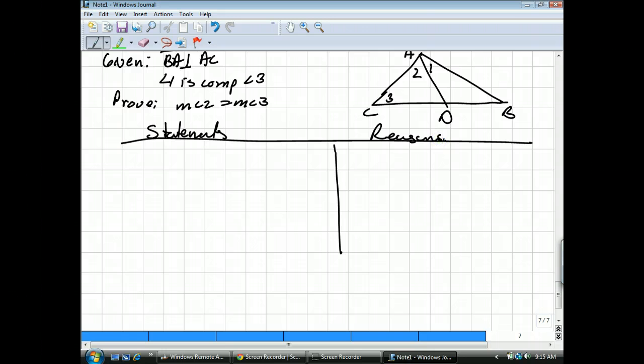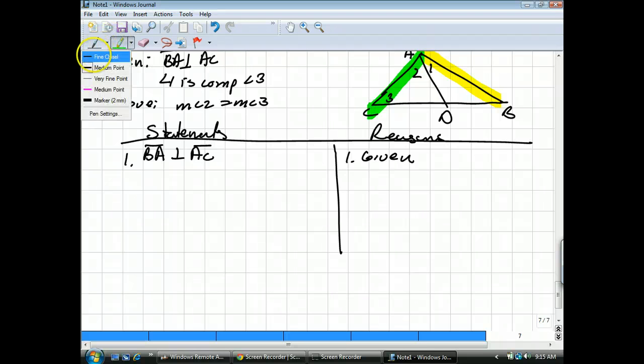Alright, so first of all, we're going to say, number 1, that segment BA is perpendicular to segment AC, because that is given, right? And we're just going to use that part of the given for right now. So what does that tell us about the picture? If this is perpendicular to this, what do we automatically know? Well, we know something about angle 1 and angle 2.